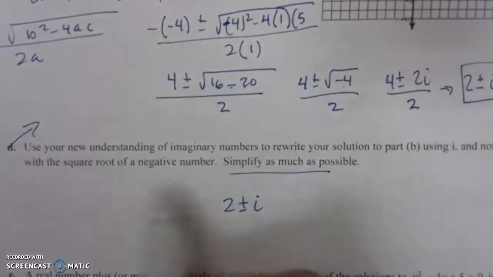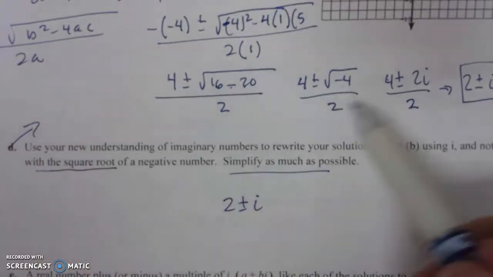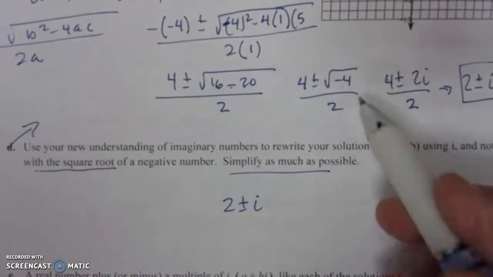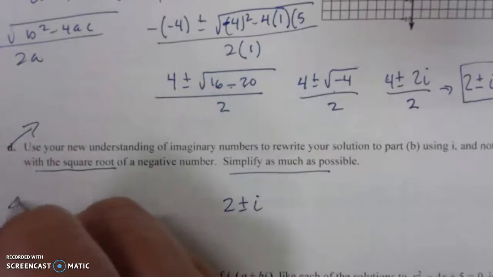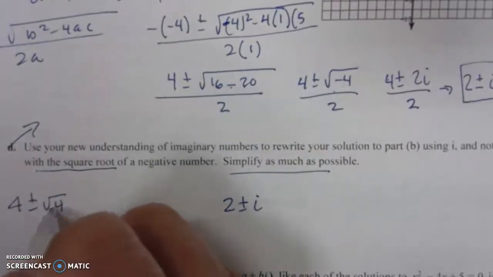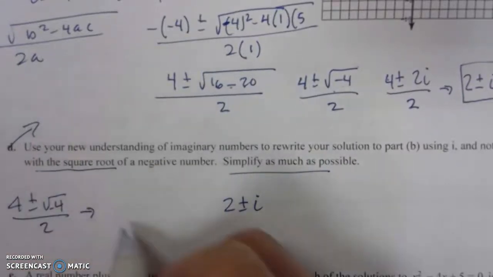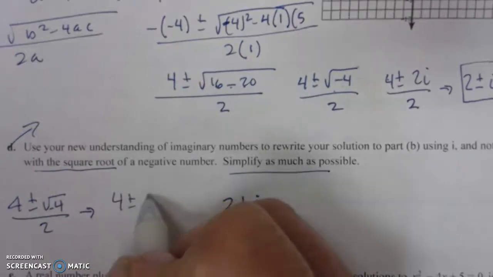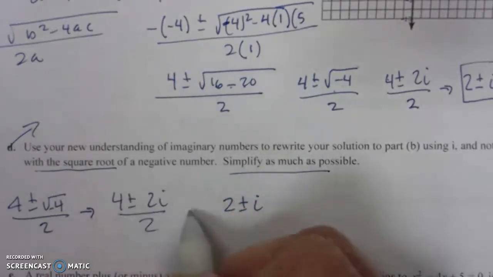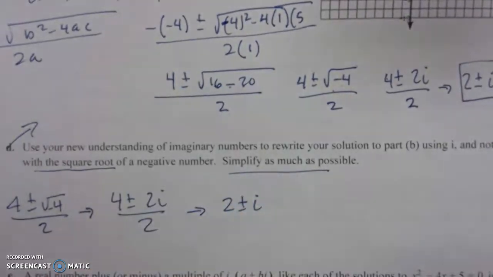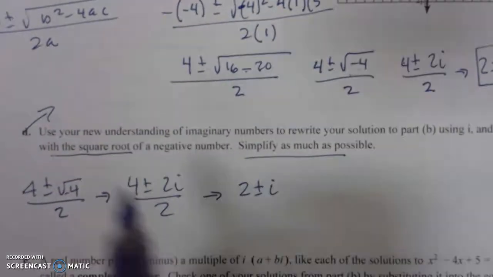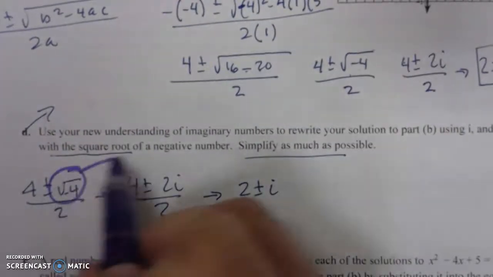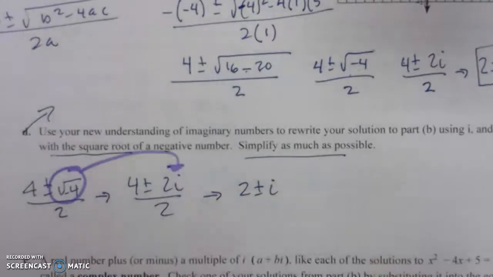We didn't want to leave it as the square root of negative 4. We changed 4 plus or minus the square root of negative 4 all over 2 to 4 plus or minus 2i all over 2, and then changed it to that. The big key thing here is we wanted to change the square root of negative 4 to 2i.